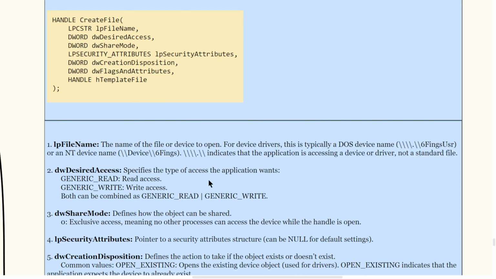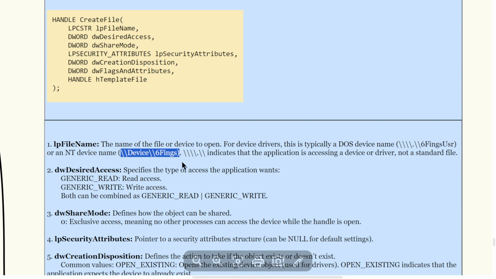Now, what are the parameters that we have passed to this API? lpFileName is the name of the file or device to open. For device drivers, this is typically a DOS device name, \\.\ something, or an NT device name. It is represented like this if we are passing the NT device name.